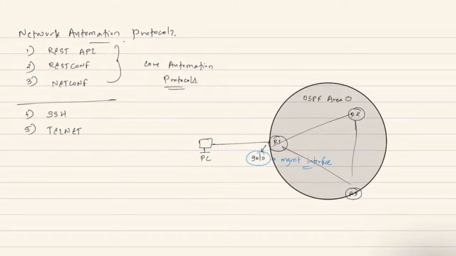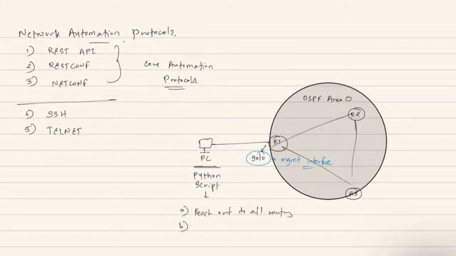So in such cases, we would expect the configuration to be done in an automated way, where you might create a Python script on this PC, and this Python script should be able to reach out to all routers.